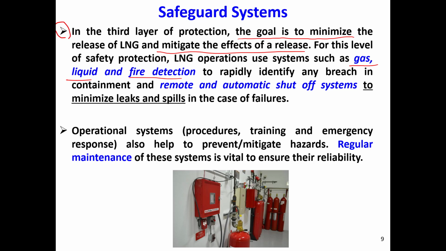These can rapidly detect any of them. The sensors are installed in the facilities, and they can be controlled remotely and automatically turned on or off.